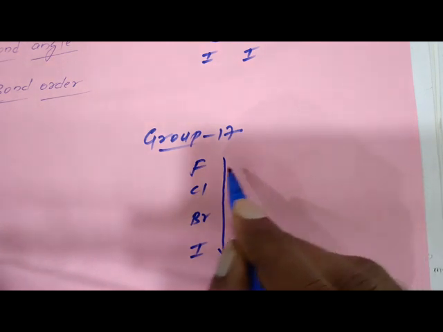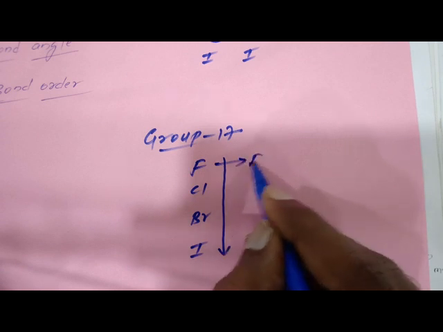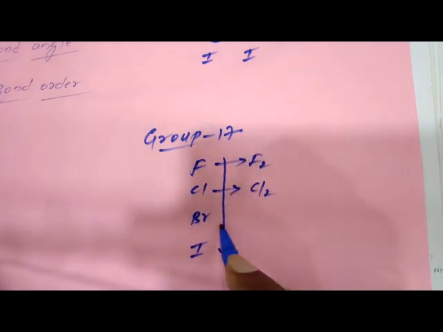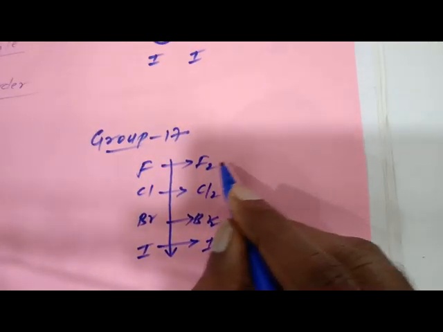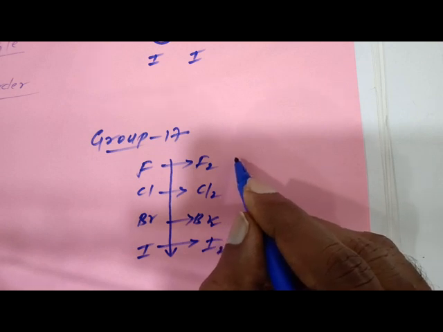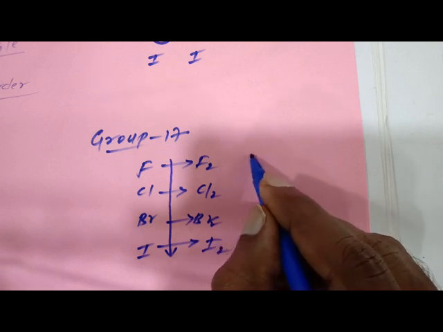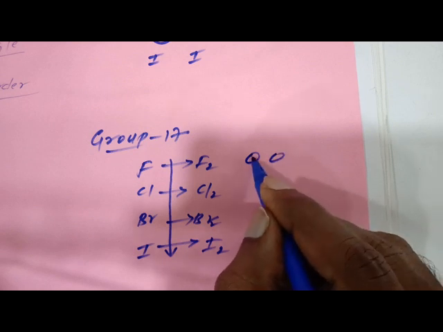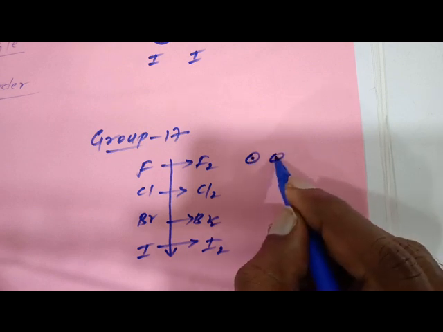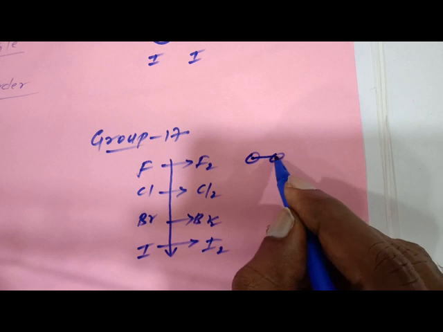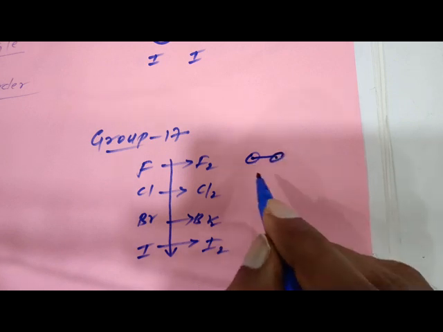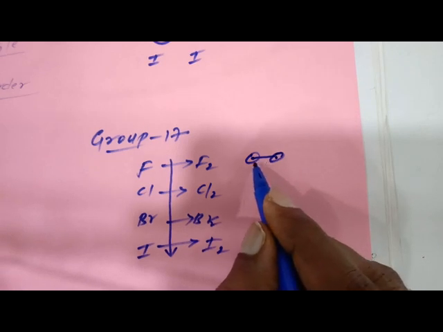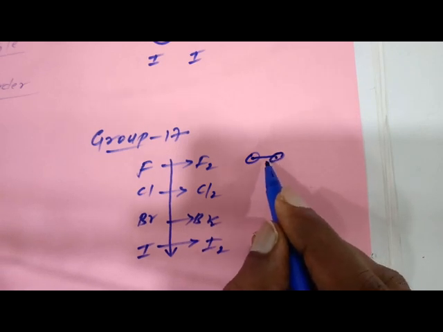We can write here F2, Cl2, Br2, and I2. Fluorine has a somewhat smaller atomic size, so we can try to draw the atomic structure of these two fluorine atoms. The bond length is somewhat smaller.